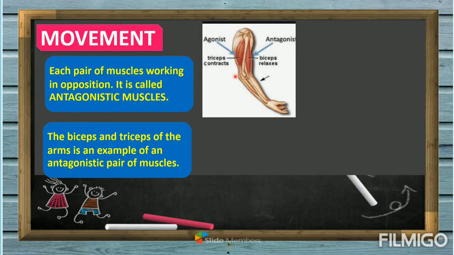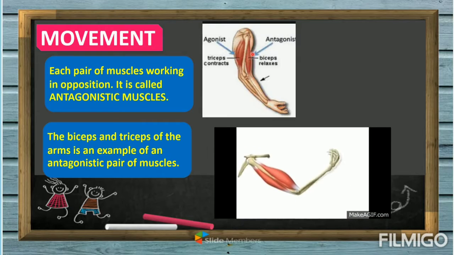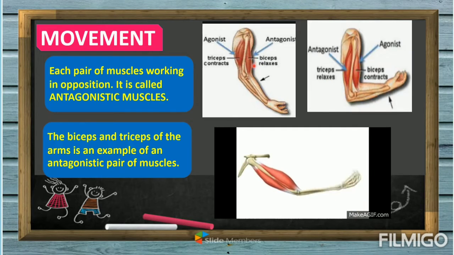So for example here, this one is the triceps, meaning having three heads or points of origin. Then we have the biceps, having two heads or two points of origin. Here, as you can see, the triceps contracts or becomes smaller because there is force acting on it, and the biceps is in the relaxing mode.